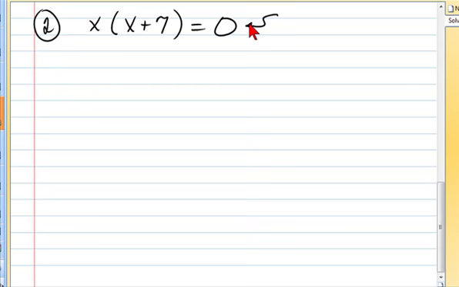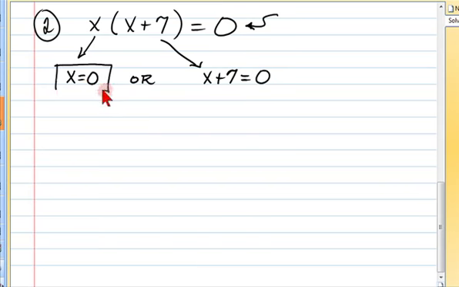All right. If it is quadratic, and it is already factored for you, and it's equal to 0, then you're ready to use the zero factor property that says x is equal to 0, or x plus 7 is equal to 0. The first little bitty equation, there's nothing to do.